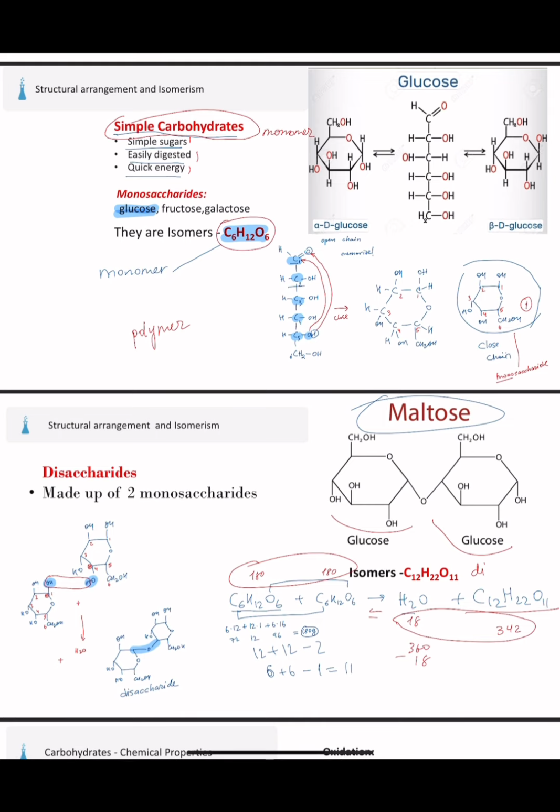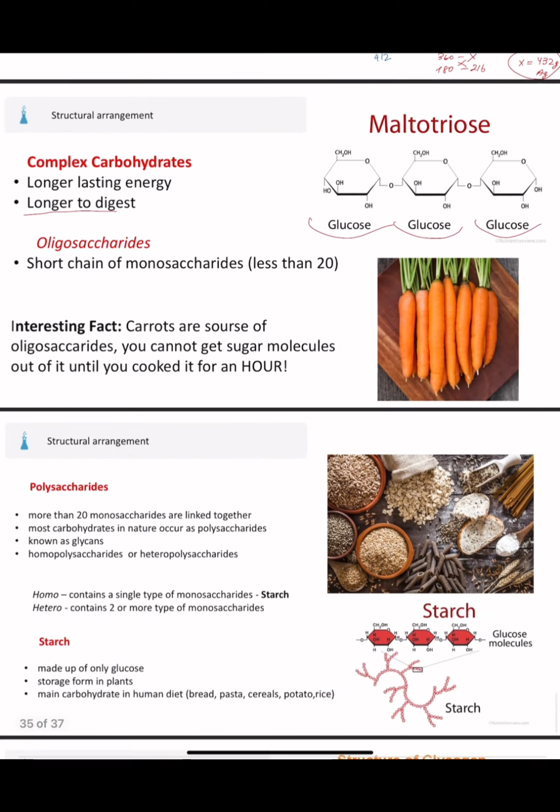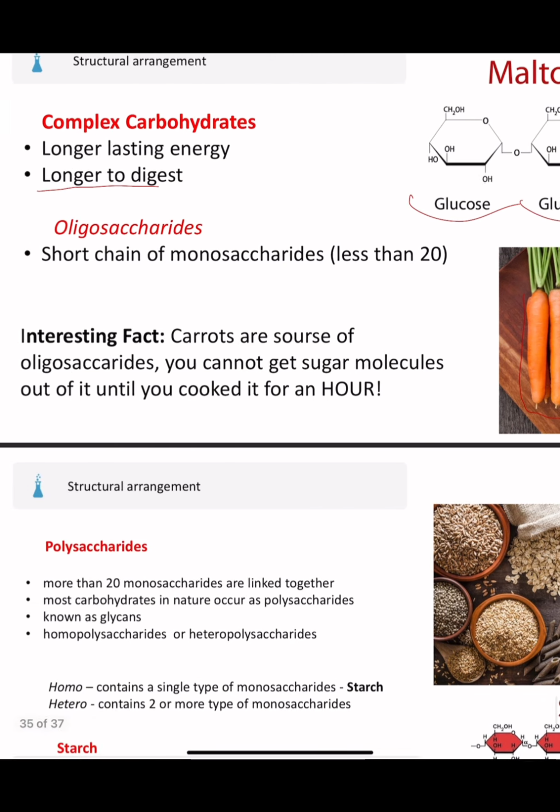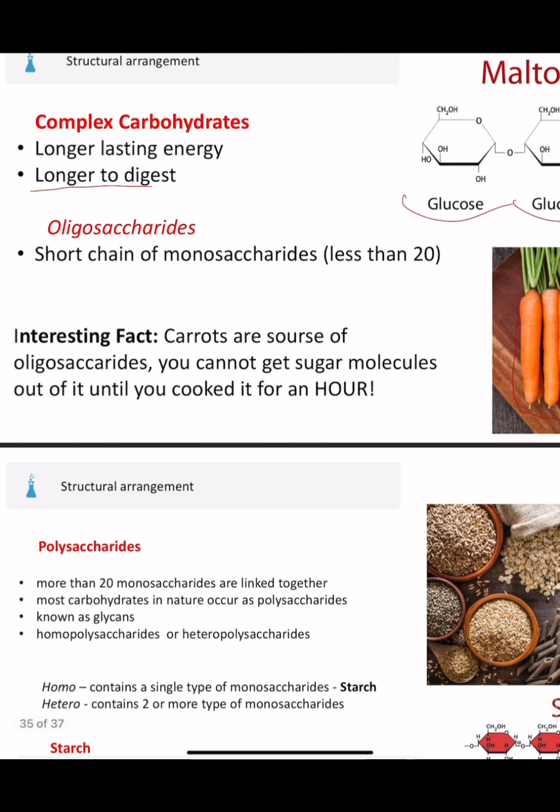Or maybe ice cream. But when you eat carrots, even though carrots have sugar inside them, it will take a lot of time for your body to digest, a lot more compared to other sources of sugar such as ice cream.